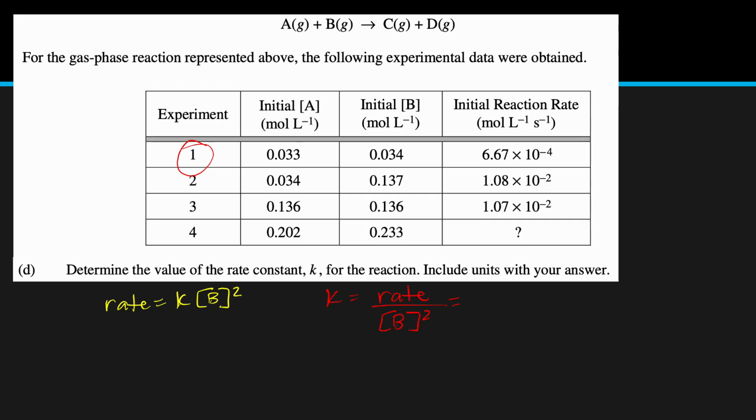So for our rate, we have 6.67 times 10 to the negative 4th concentration per second. And then for B, concentration of B, we have 0.034, and that is concentration squared.